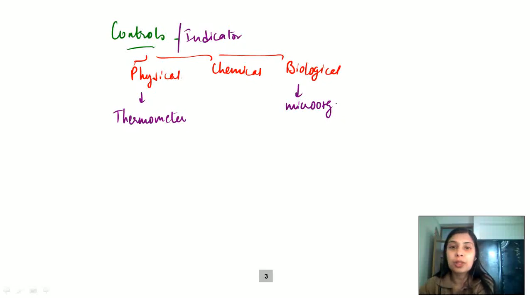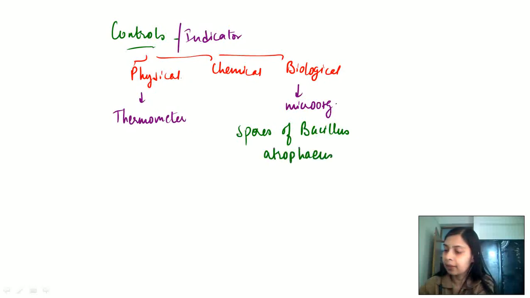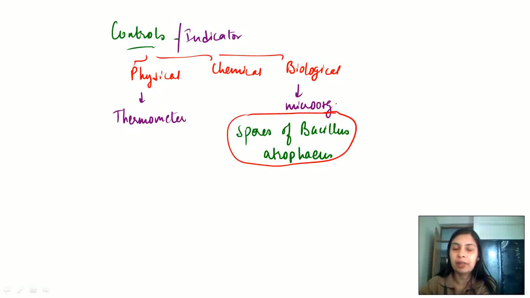Here it is using the spores of Bacillus atrophaeus. This is very important to remember. Spores of Bacillus atrophaeus are used as a biological indicator of the hot air oven.